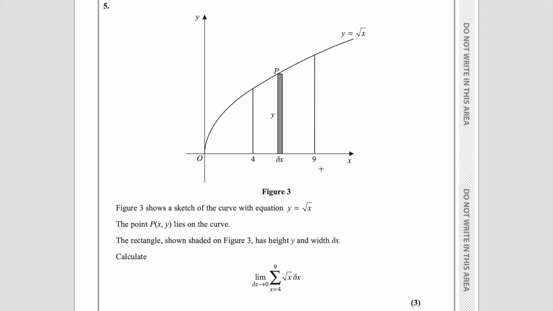Now, if you haven't pointed out already, that is essentially the integral of the square root of x, which we put as x to the half, between the limits of 9 and 4. And that's ultimately the hardest part of this question, to look at this and realise that it is fundamentally the integral of x to the half between the limits of 9 and 4.